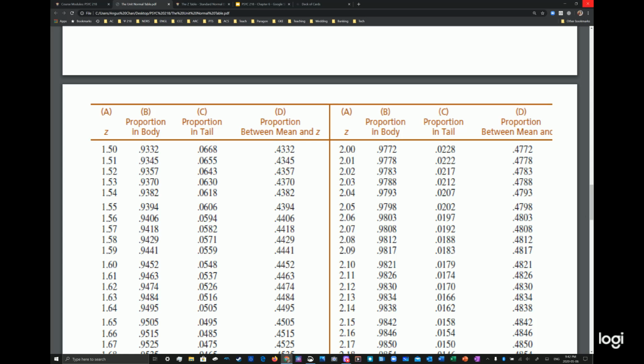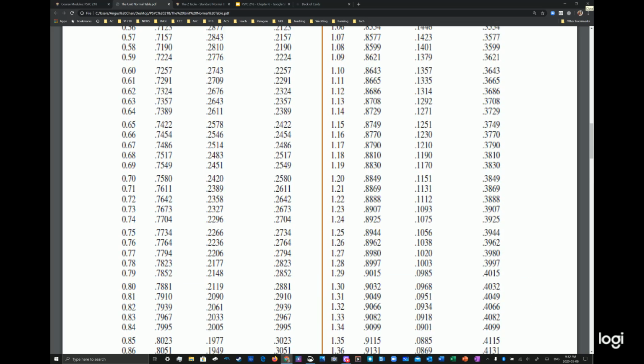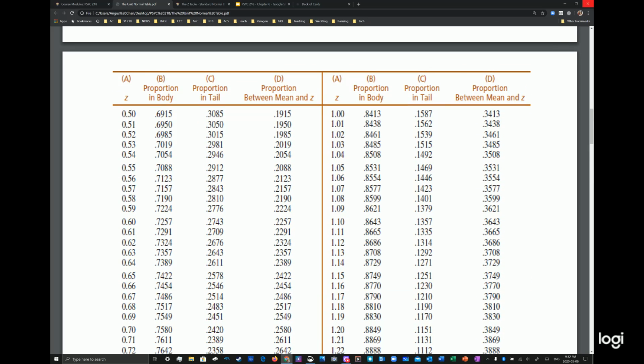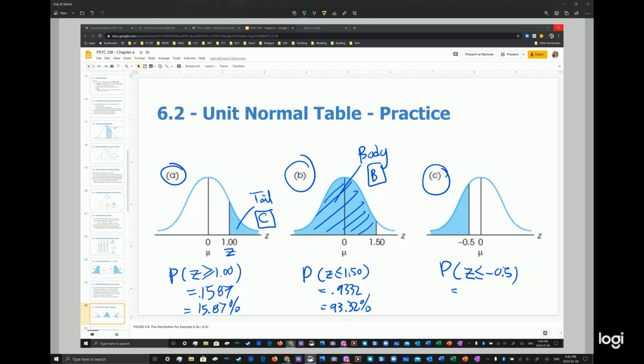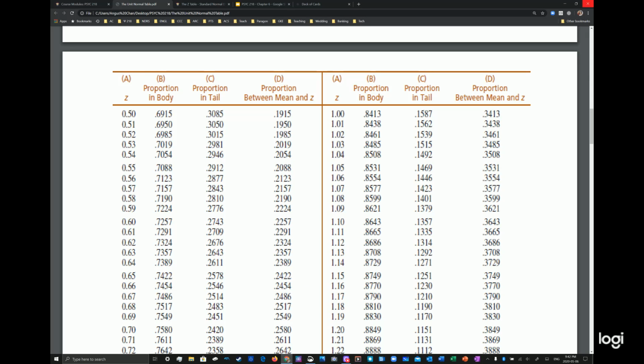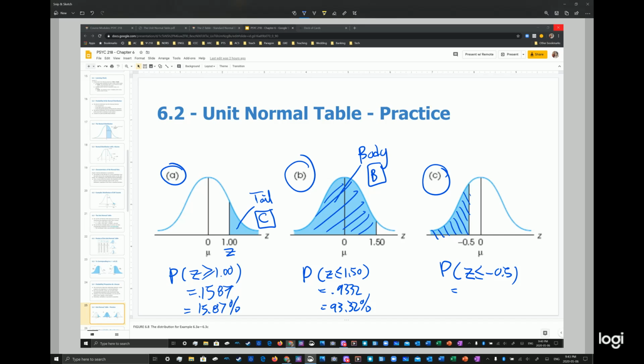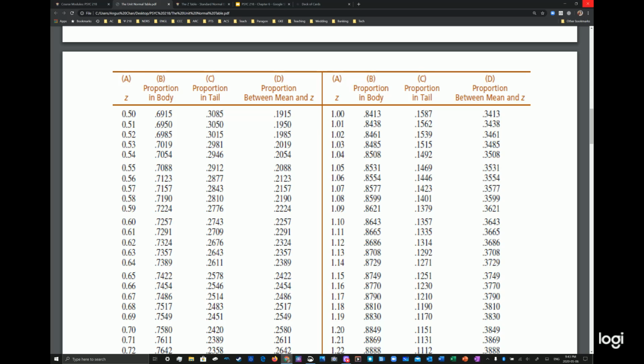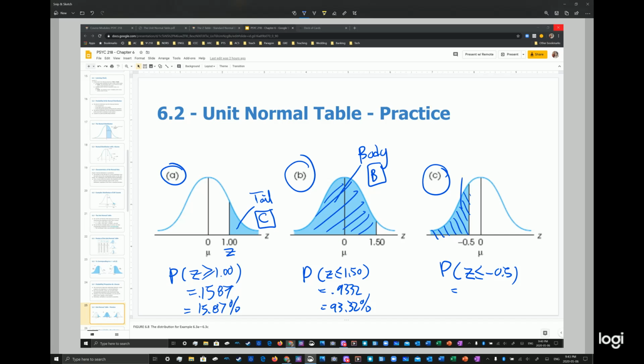So we locate the 0.05 value, which is right here in the top row this time on the second page. And this time we need to identify what part we're looking for. In this case, it is the tail, the smaller portion. So again, we don't look at the body even though it's to the left, but for negative values, we still need to identify first whether it's the body or the tail. So this is the tail, it's smaller, and so we need to look at column C.